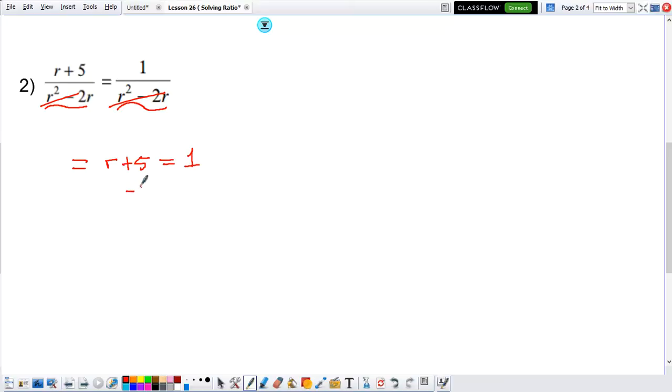And then you would just solve it individually. Minus 5 here, minus 5 here. So now you have that r is equal to minus 4. And that's pretty much all you have to do here. Now this is when we're solving, so there has to be an equal sign between the two rational expressions. If there's an equal sign, then you can cancel those denominators. Pretty straightforward once you have the denominators equal to each other.